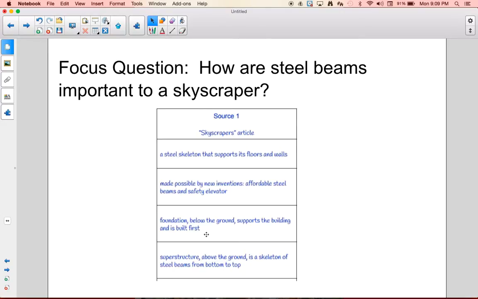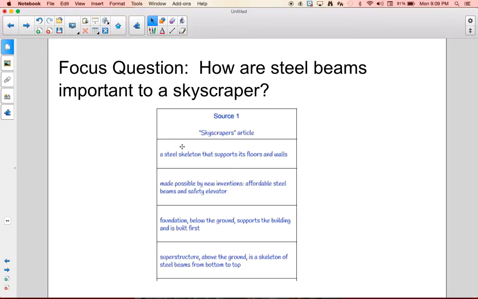I know that the steel beams would also be in the foundation, as well as the superstructure, which I also wrote here. The superstructure above the ground is a skeleton of steel beams from bottom to top. All of these things help me to understand that steel beams are important to a skyscraper.